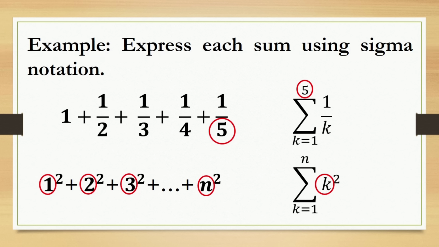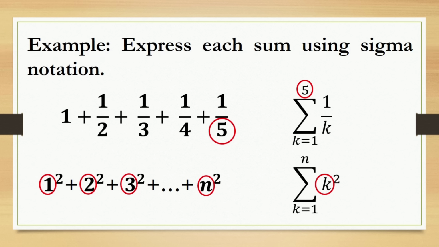Okay? Etong K na to, saan natin siya ilalagay? So, since nagsimula siya sa 1, yung nasa baba kung saan ka magsisimula. And then, saan siya natapos? Since wala tayong number dyan, n siya, so n ang ilalagay natin dyan. Okay? So, nag-start siya sa 1, nag-end siya sa n. This is our symbol.